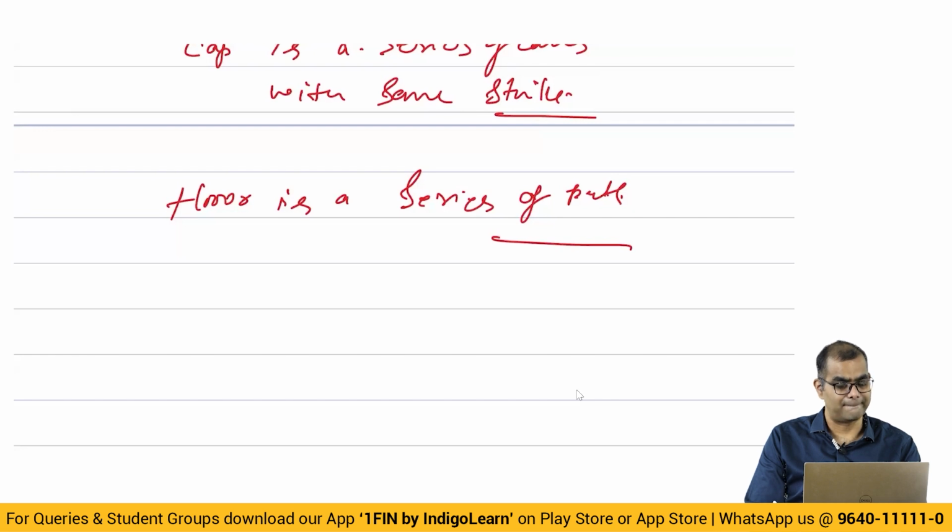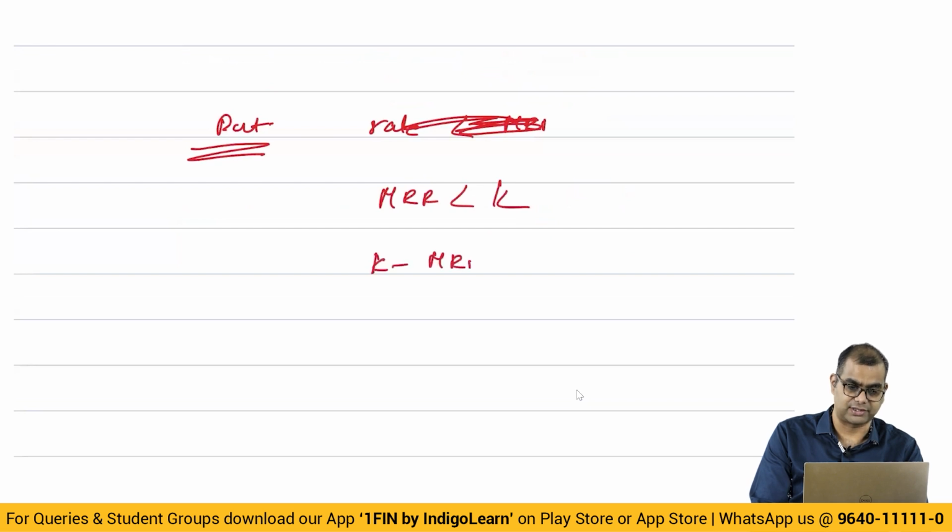The lender. Yeah, the lender. So think of a bank. The bank who is lending to you has to ensure that they always get a minimum interest income. So what is a put? A put is if the market reference rate goes below a strike price, you make the difference between the strike and the market reference rate.